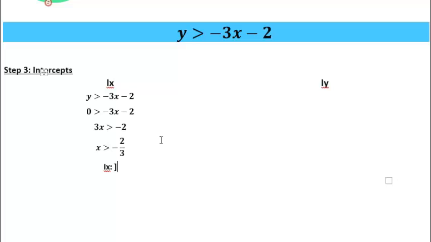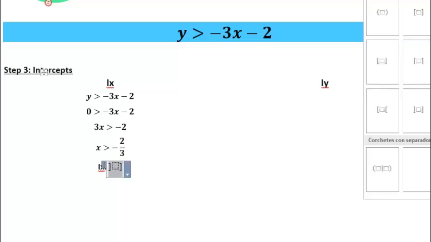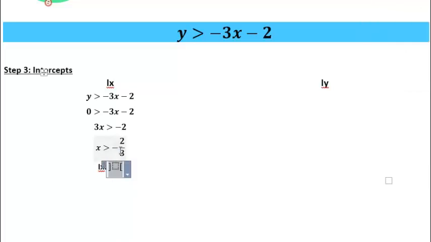In interval notation, the starting position will be negative 2 over 3, and because it's greater than but there is no equal mark, that is going to be open, and from there you move on to the numbers that are greater, so you put positive infinity. It's from minus 2/3 to positive infinity.